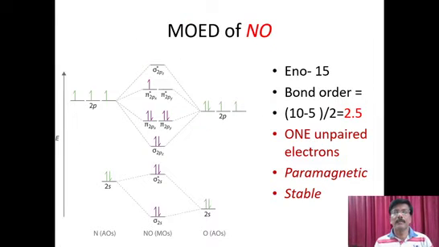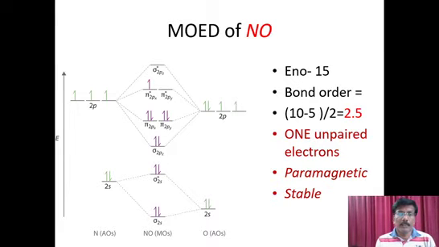Now, this is another molecule, NO. This is nitrogen combination with oxygen. Again, hetero combination. One is nitrogen, another is oxygen. Nitric oxide, we can call it. Nitrogen atomic number is 7, oxygen is 8. So 7 plus 8, 15. Total number of electrons is 15, already I have mentioned there. And out of 15, how do we write?